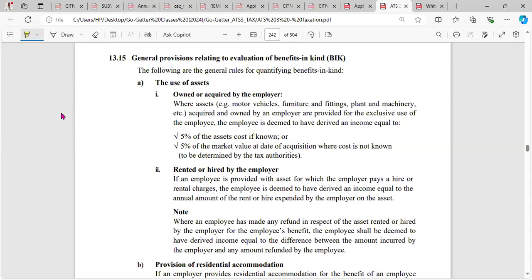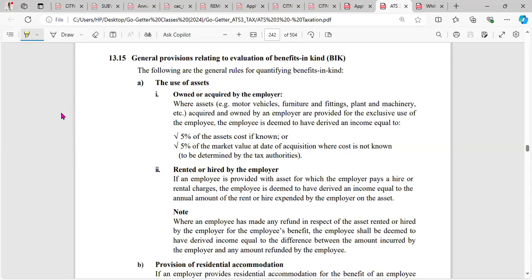The company car is owned by the company, your employer, but it was given to you as the employee to enjoy. You didn't buy the car, but you were able to enjoy it because it's a benefit to you as an employee. We also have a house that you stay in, and this house is not rented by you, it is owned by the company, but you are staying there without paying rent.